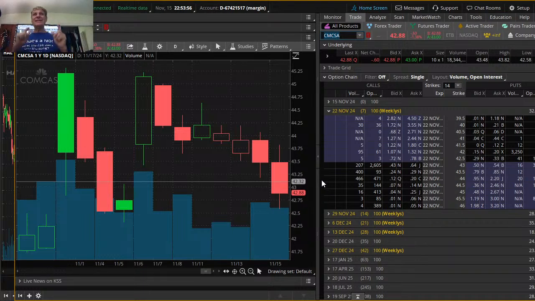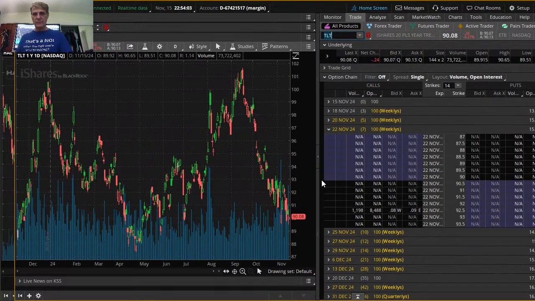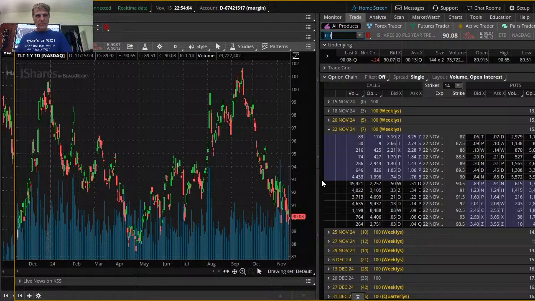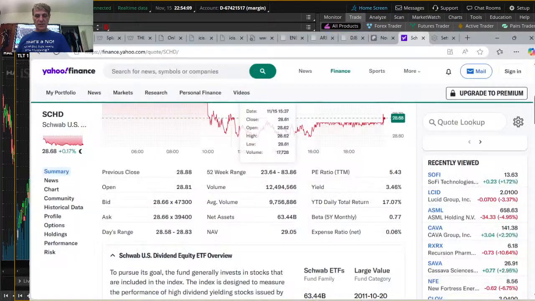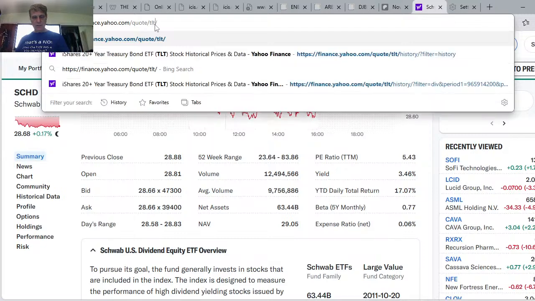Adam wants to take a look at TLT. No idea who they are. Let's see if I'm right. iShares, yet? No. Look at how choppy it is. Almost guaranteed TLT probably doesn't have 20 years of dividends either. TLT.